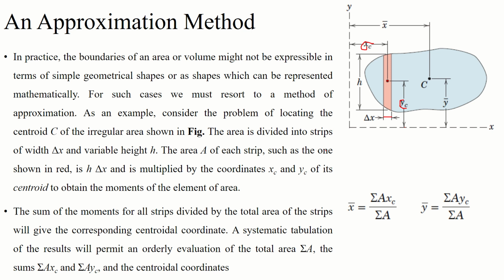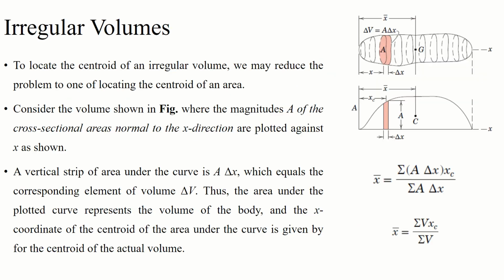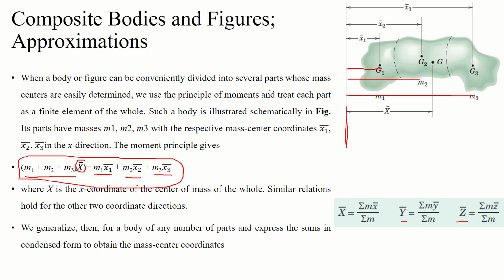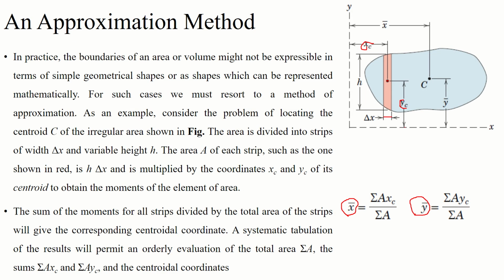And once we add all these small slices together, we again find the exact value, or you can say the overall centroid along the x coordinate and centroid position along the y coordinate. Now these two are the two approximation methods. The first one we did for irregular surfaces, and then we talked about using a simple plane area.